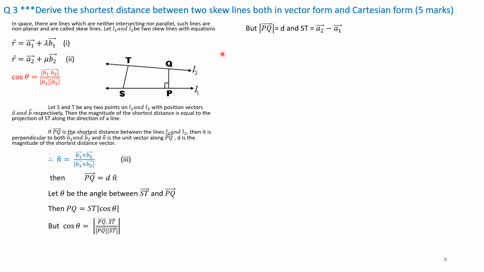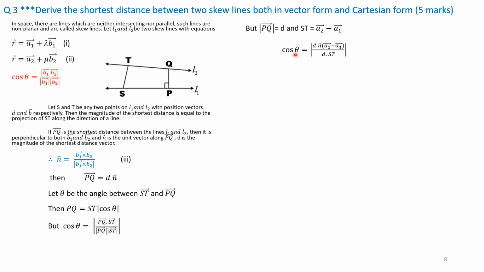Therefore, mod of PQ is D, that is the minimum distance, and vector ST is the position vector A2 minus A1. Therefore, cos theta is equal to, by definition, using D into n, substituting the values of B1, B2 divided by mod of B1 cross B2.